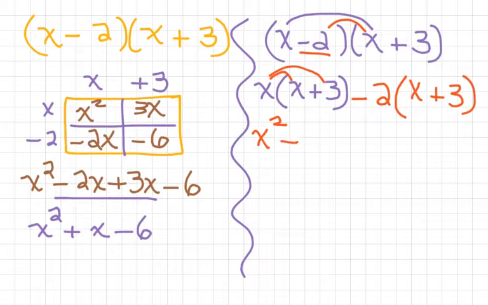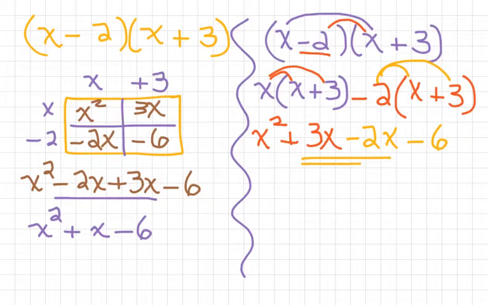X times 3 is plus 3x. Continuing to do the same, minus 2x, because minus 2 times x is minus 2x. And then negative 2 times positive 3 is negative 6. Combining like terms, right there in the middle, I've got x squared plus x minus 6. Okay, you can see we came to the same exact answer.